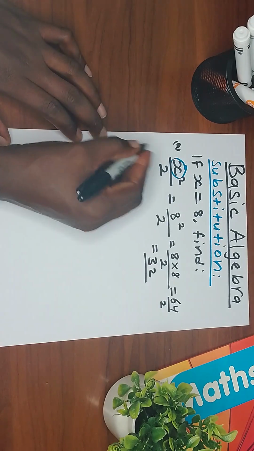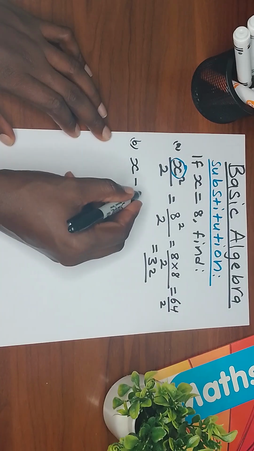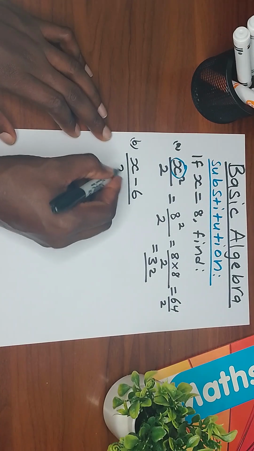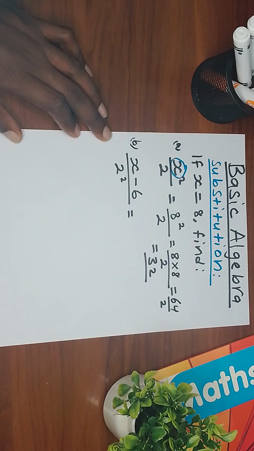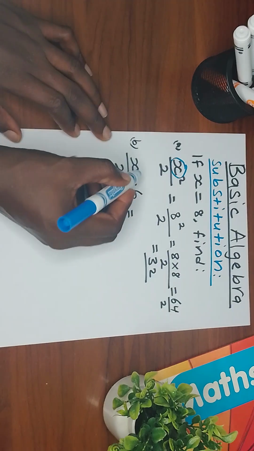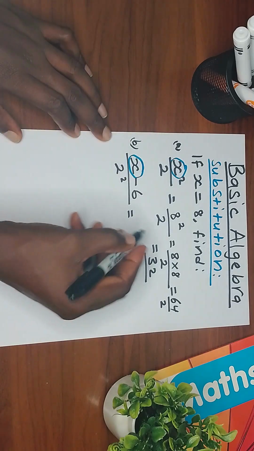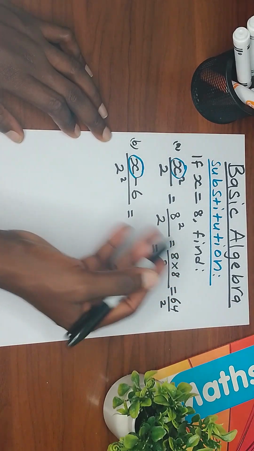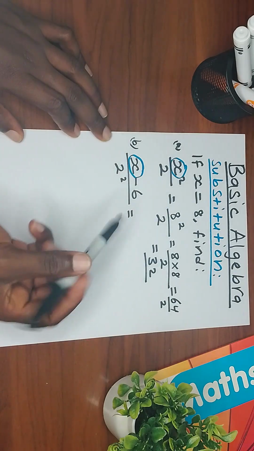Let's look at the next example here. We have x minus 6 out of 2 squared, or 2 power 2. So we'll still put 8 where x is. Because we are dealing with substitution, we put the number 8 where x is.